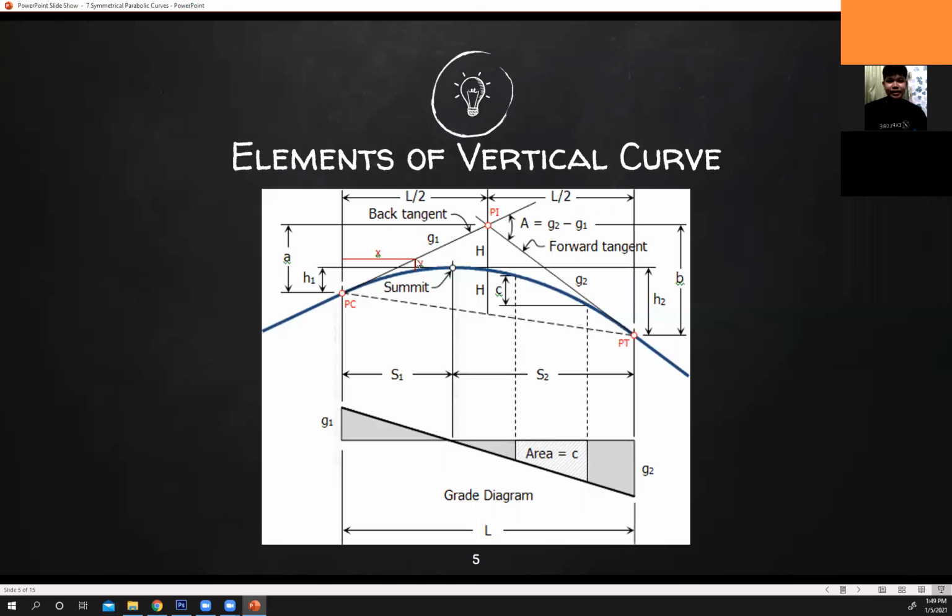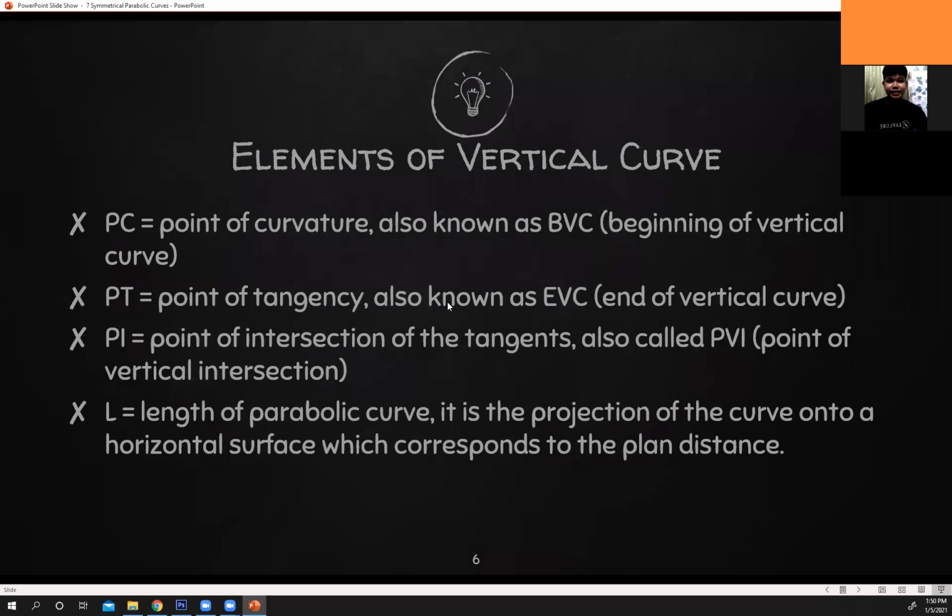So let's take this point here along X and Y. At this point, the vertical tangent offset is Y. So therefore, proportional: Y over the horizontal distance from PC to that point, let's call that X1, squared, equals yet another tangent offset at another point, let's call that Z, over X sub 2 squared. Later on, you'll see that in our equation when we're problem solving.